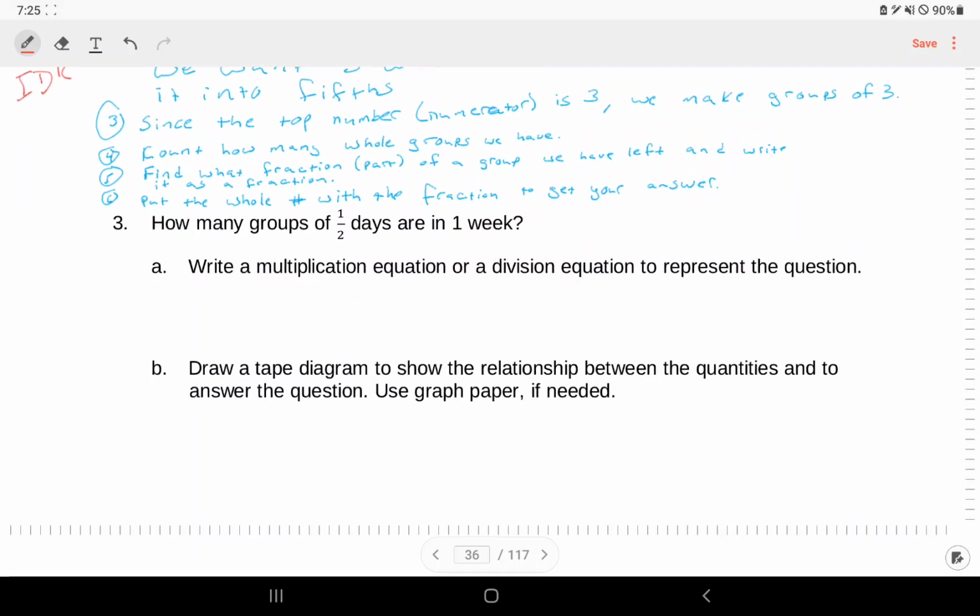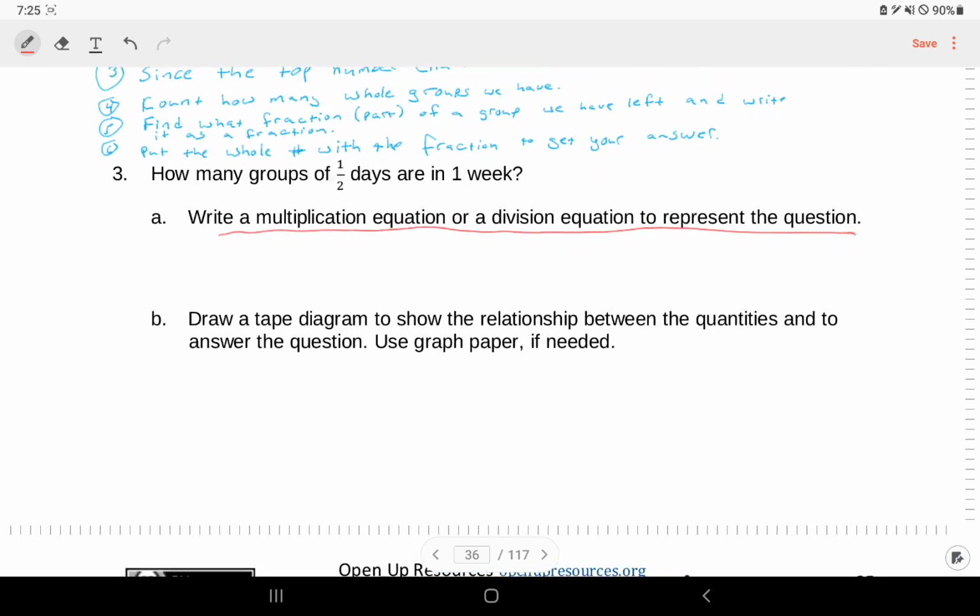Now, for question 3. How many groups of half days are in a week? A lot of you immediately go 14. Well, the problem is, that's not what it's asking. Part A says, write a multiplication equation or a division equation to represent the question. Well, in 1 week, there are 7 days.